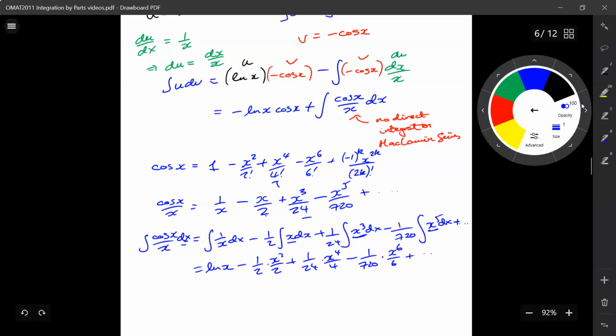And so on. So if I go and do those, I have log of x minus x squared over 4 plus x to the power of 4 over 96 minus x to the 6th over 4320. And I'm just going to put in one that I worked out earlier, x to the 8.